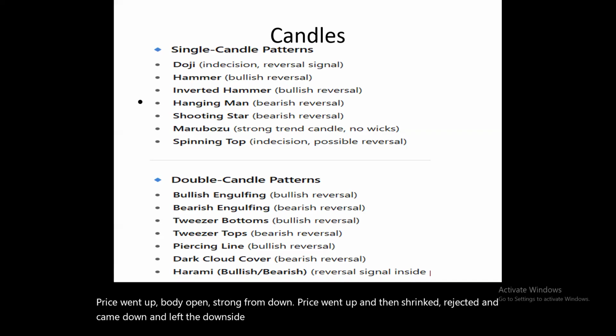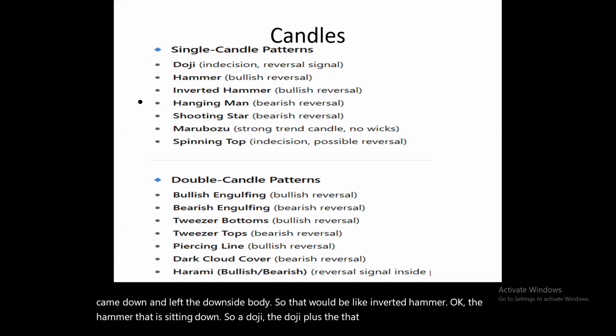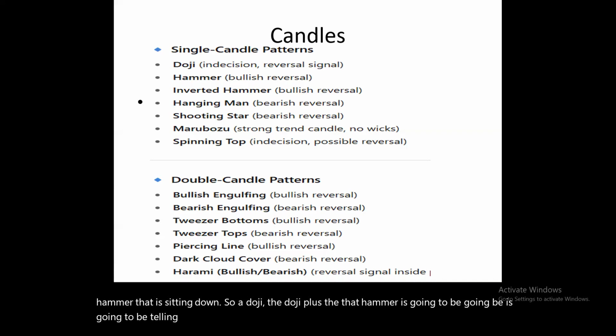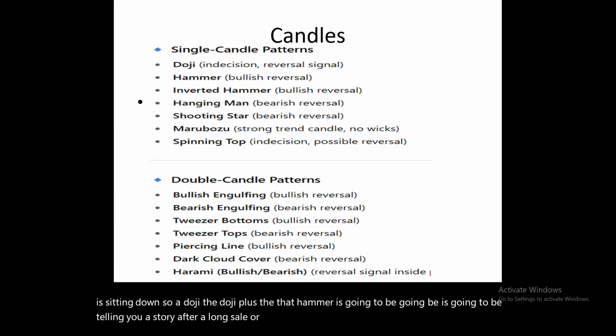That would be like an inverted hammer, the hammer that is sitting down. So the doji plus that hammer is going to be telling you a story after a long sell.